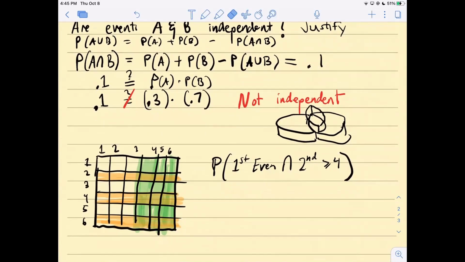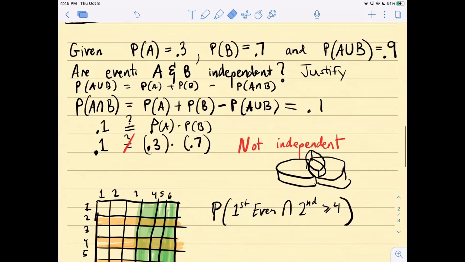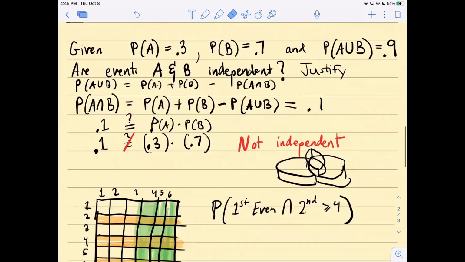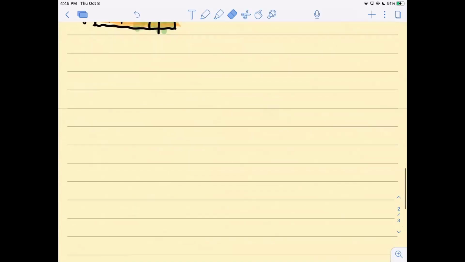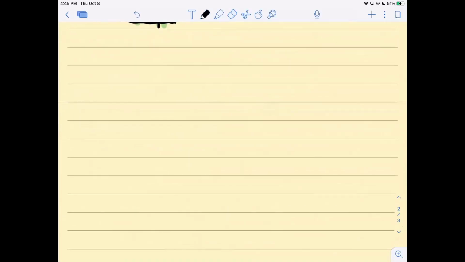So, that's how we check whether A and B are independent. Let me give you one example. You can try this one on your own.